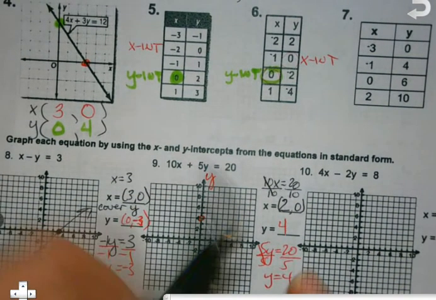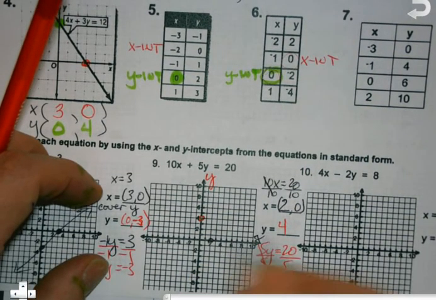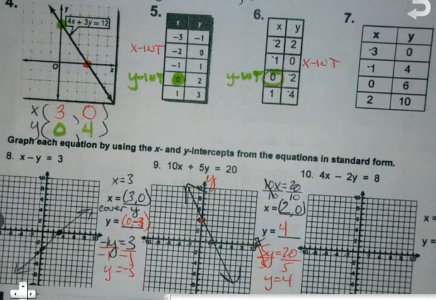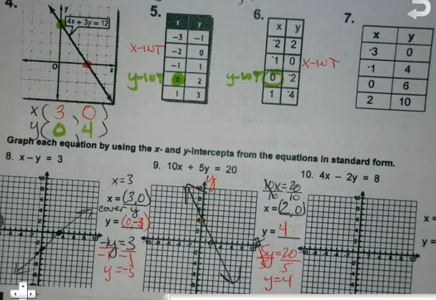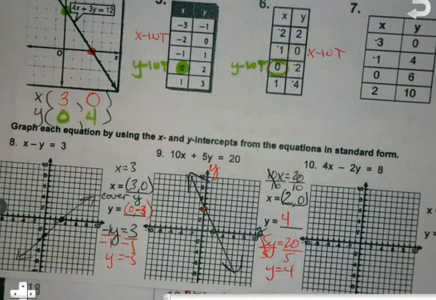If my x value is 2, here's my x-axis, that's right 2. And I'm just going to draw the line through it. So it's not really that horrible of a process. It's just more or less getting used to it.